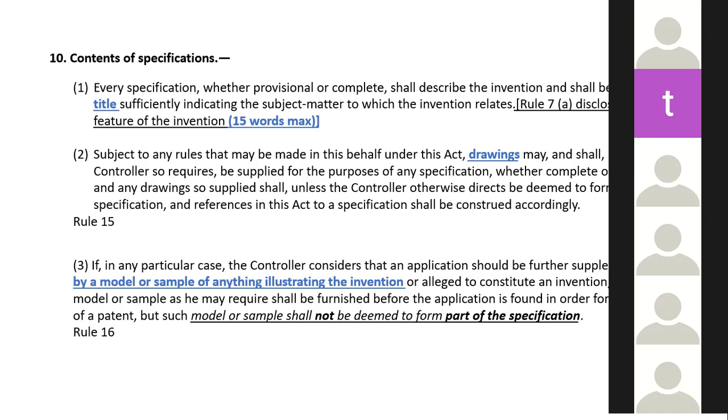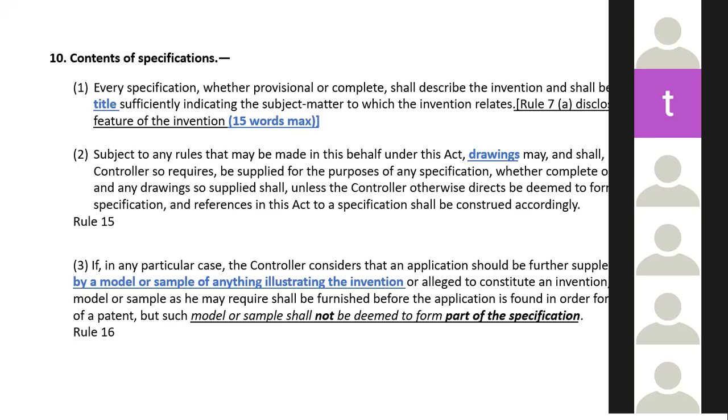So I can say a stapler with additional storage, or a method of making a stapler with additional storage. So likewise, the subject matter को आप change नहीं कर सकते. But I can amend the title without paying any extra fee. No, without paying extra fees.